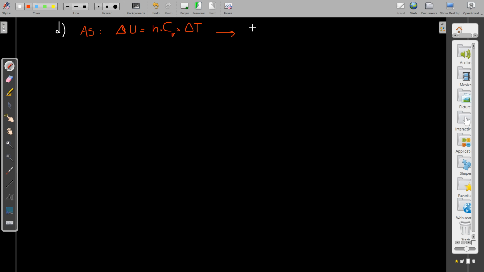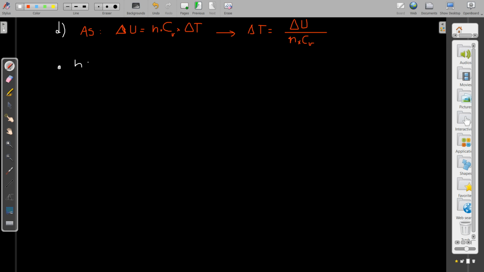This gives delta T equals to what? The change in the internal energy over n multiplied by the constant Cv. But we have no idea about n till now and no idea about Cv. We have to find them.